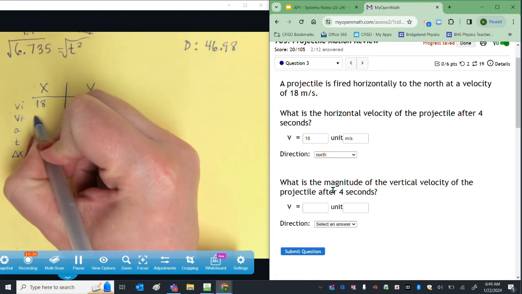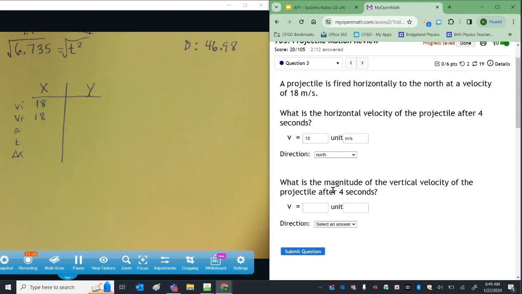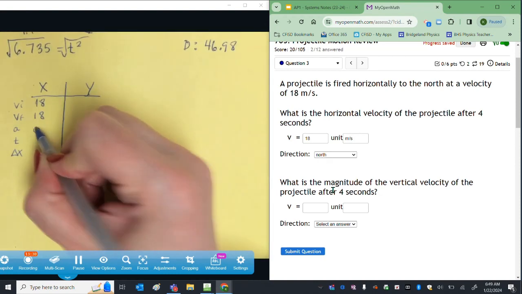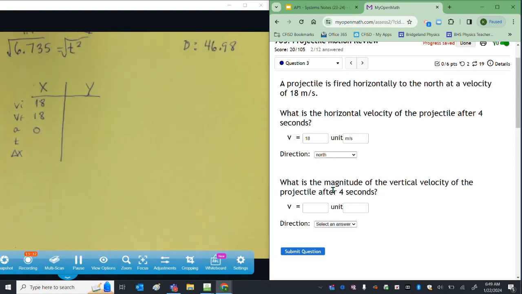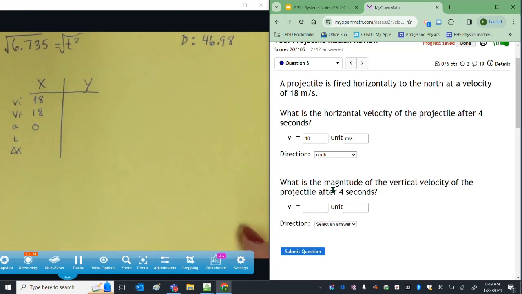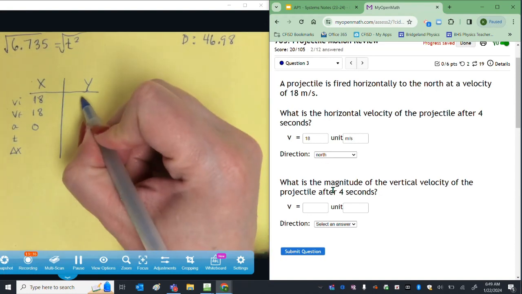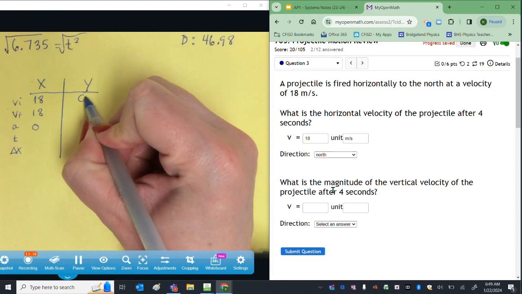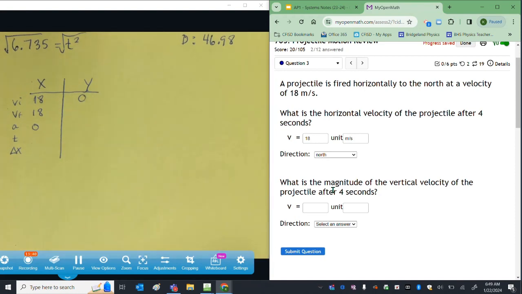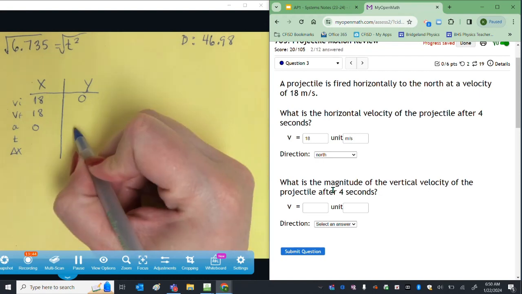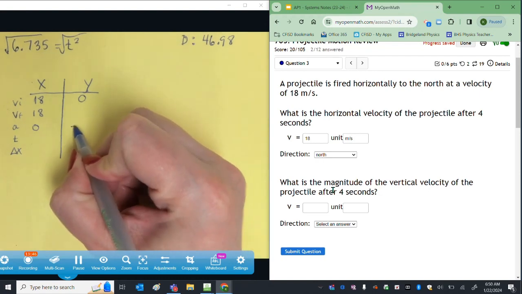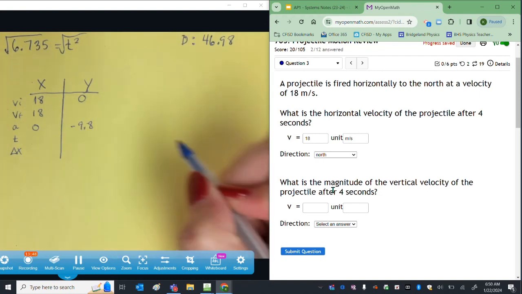I know its final velocity horizontally is still 18 because I have 0 acceleration in the horizontal direction. In the vertical direction, because I have a horizontal projectile, I know my initial vertical velocity is 0. Again, you have to know that. You have to be able to fill that in. It won't be in the question. I know that my acceleration is due to gravity, negative 9.8.